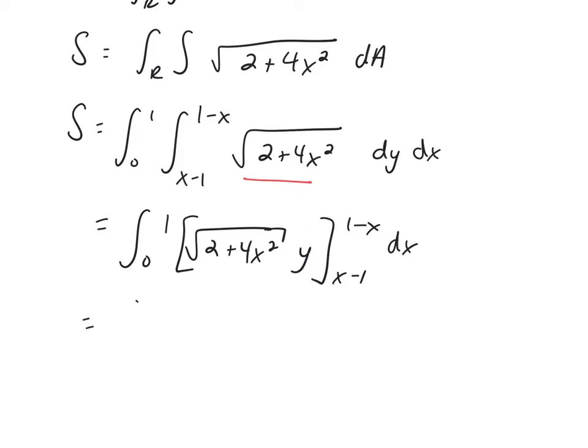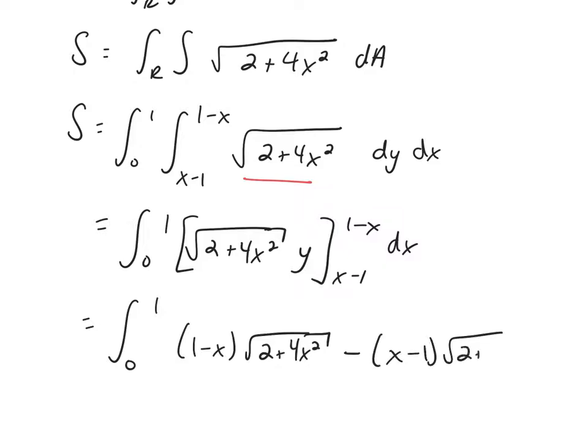So this becomes the integral from 0 to 1 of 1 minus x times the square root, minus x minus 1 times the square root.